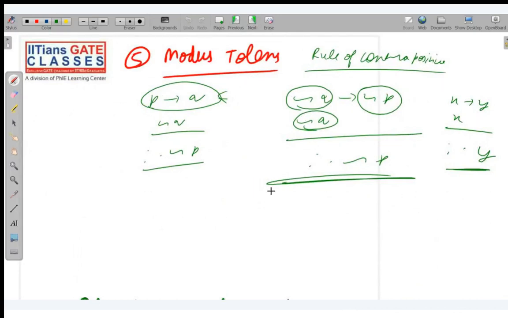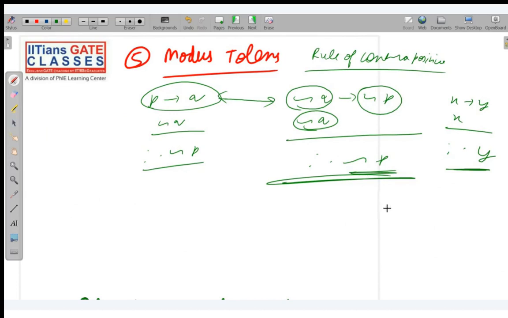I told you that P implies Q is equivalent to not Q implies not P, and not Q is as it is. So finally we will get not P as the answer. So modus tollens I have proved from modus ponens only.